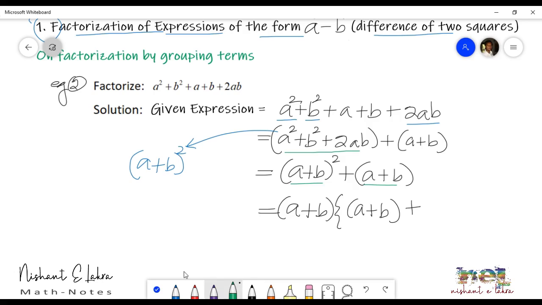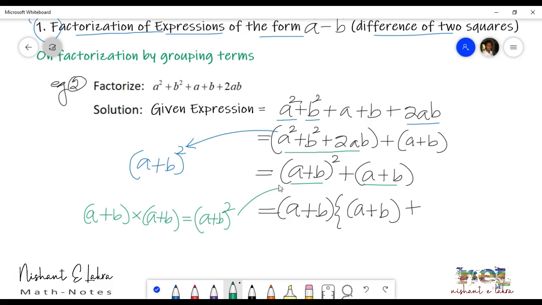Let me explain on the left side of the screen. A plus b into a plus b, we get a plus b whole square. That is the first term.